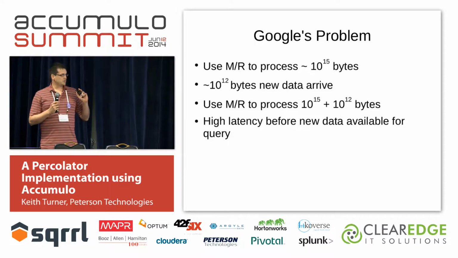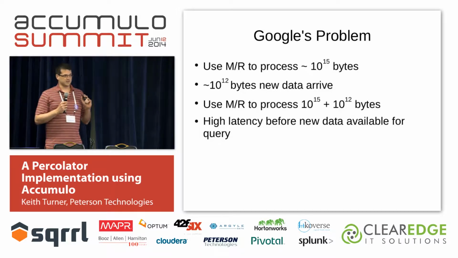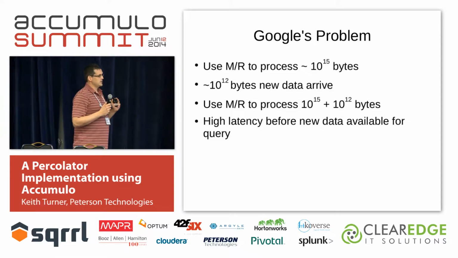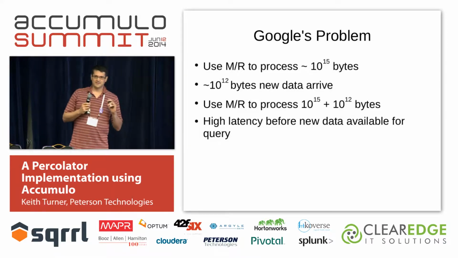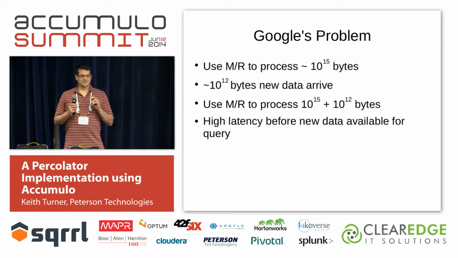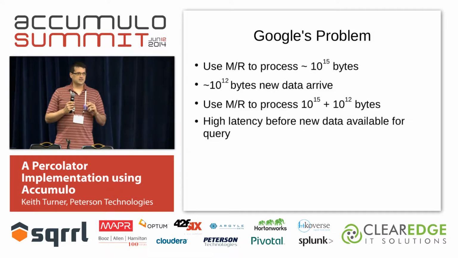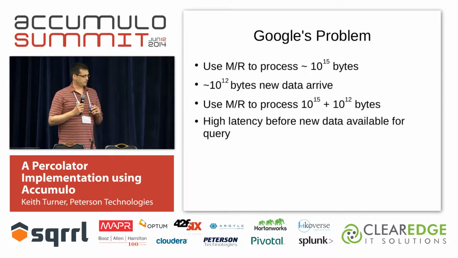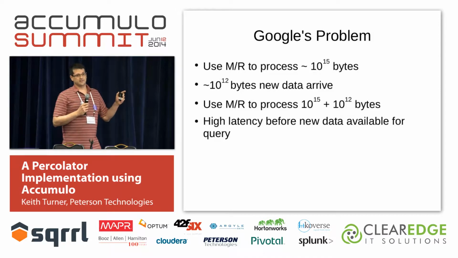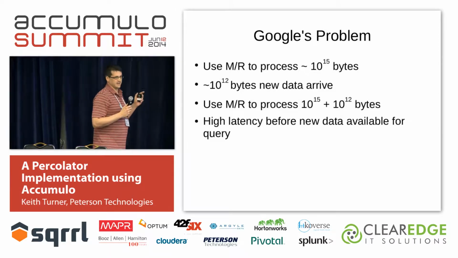So Percolator is designed for incremental processing, so you can constantly keep up with this steady stream of small data coming in, like tens of terabytes, constantly updating. But what it's not designed for is processing a petabyte of data.